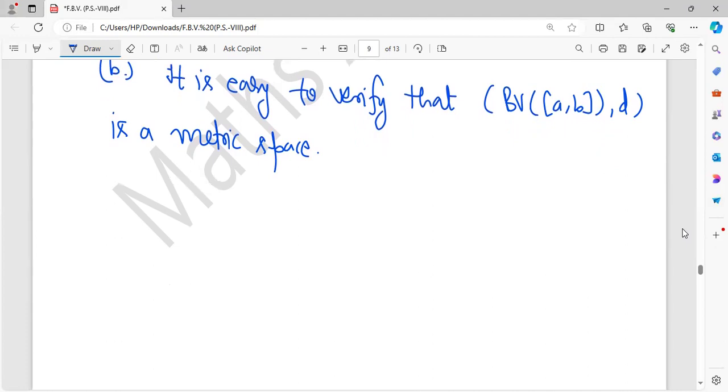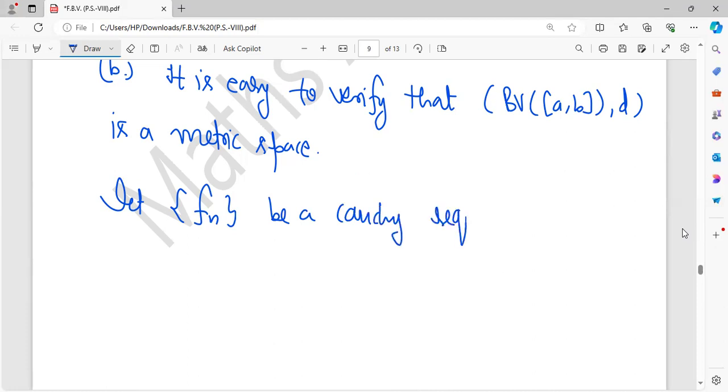So let f_m be a Cauchy sequence in B(A, B). Okay.